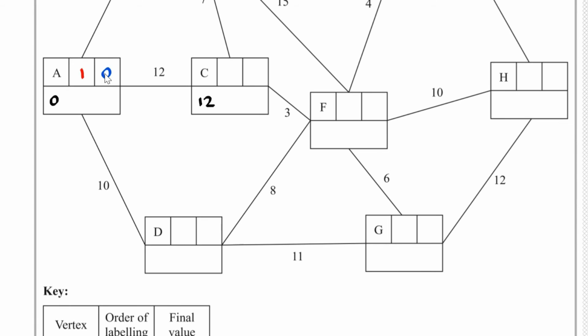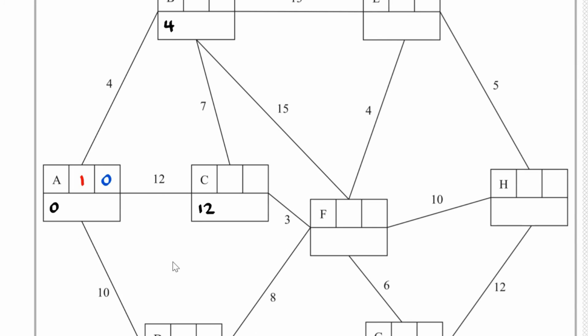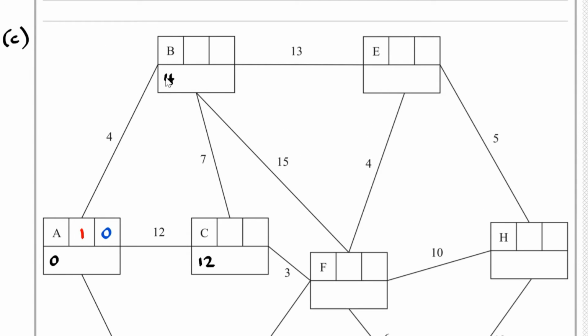And then I've got the 0 plus the 10, which is 10. The smallest one from all of these is this 4, which means that we put the 4 into the final value, and we've got order of labeling 2 for B.